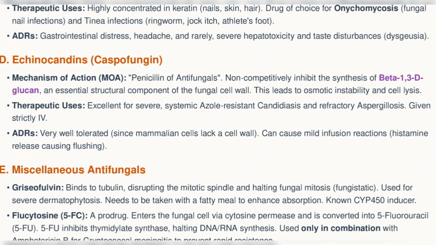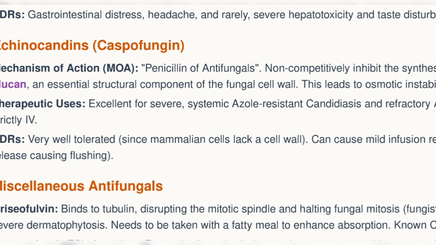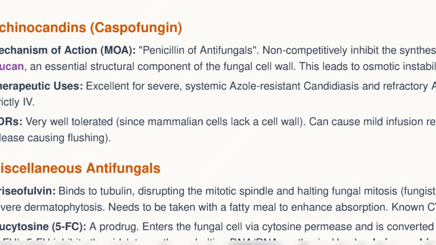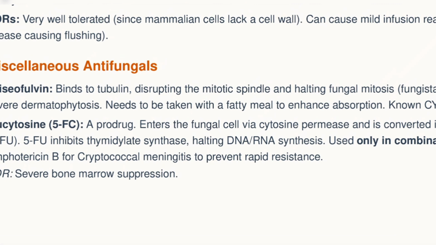Therapeutic uses: excellent for severe systemic azole-resistant candidiasis and refractory aspergillosis; given strictly intravenously. ADRs: very well tolerated, since mammalian cells lack a cell wall. Can cause mild infusion reaction, histamine release causing flushing.